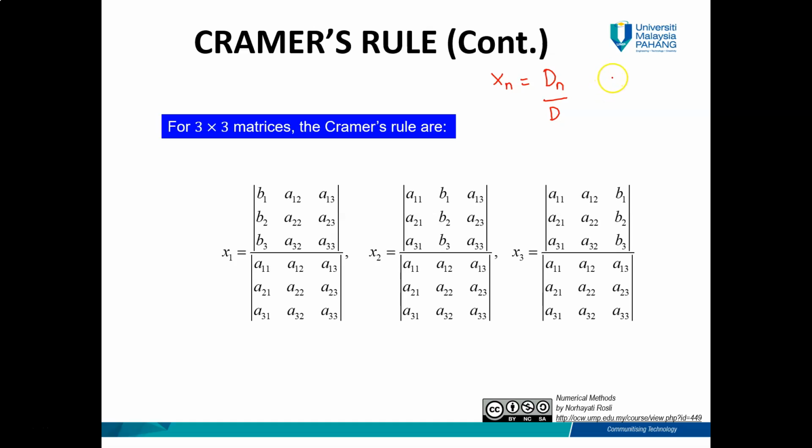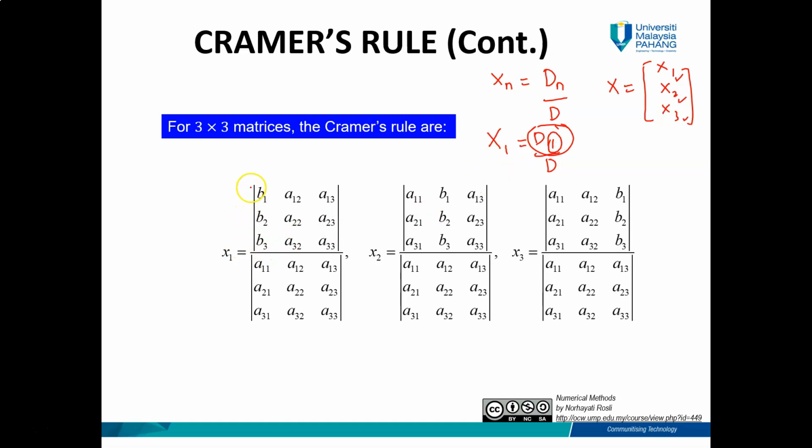If you have a system of x, where we need to find the unknowns x1, x2, x3, this n refers to either 1, 2, or 3 because n represents the unknown of x. When n equals 1, x1 equals d1 divided by d. And remember, d1 means you need to replace the first column with vector b.